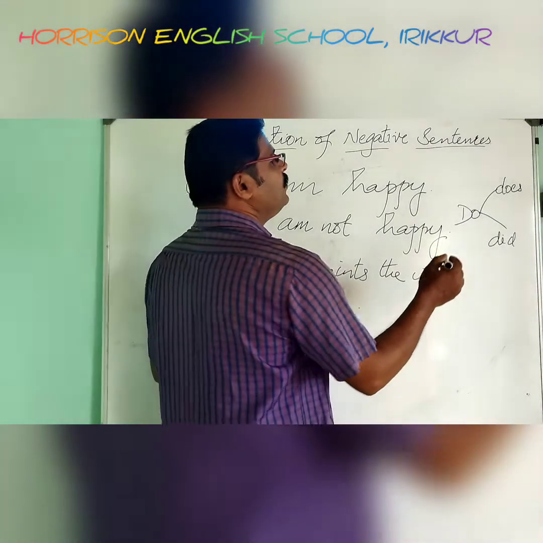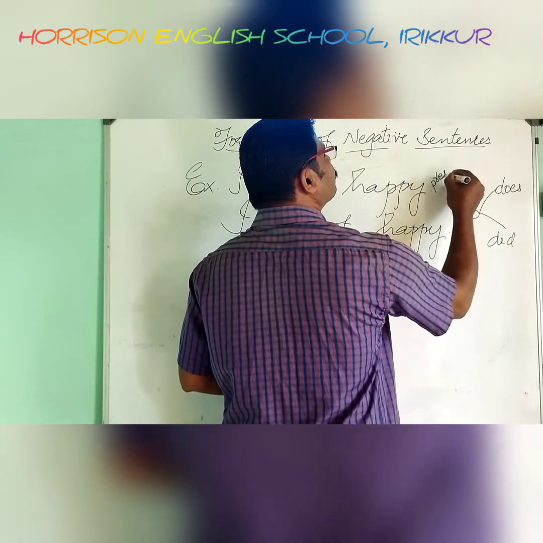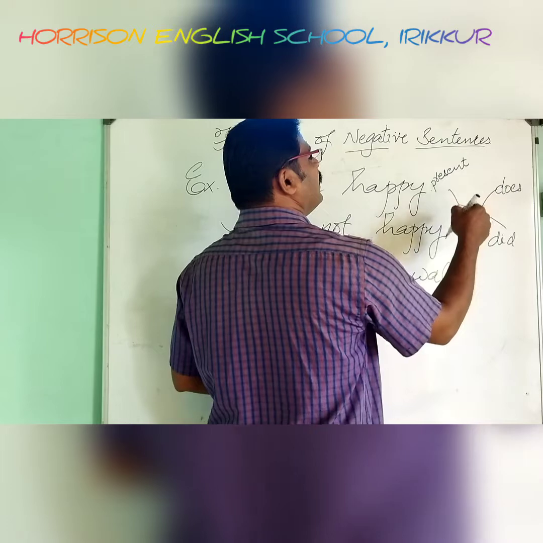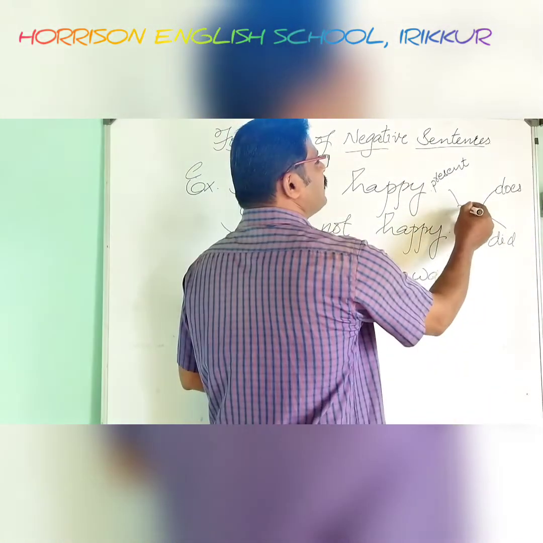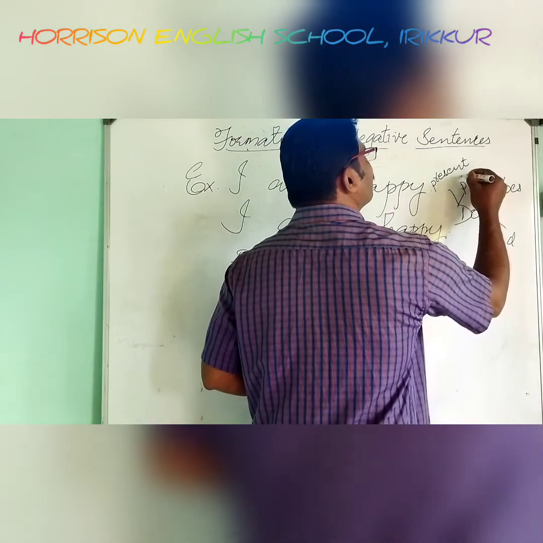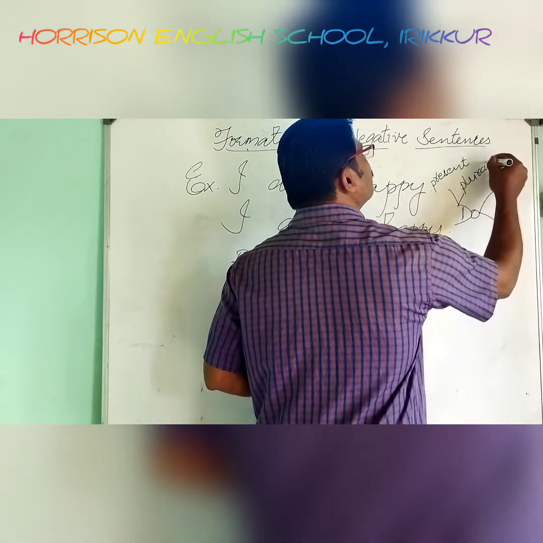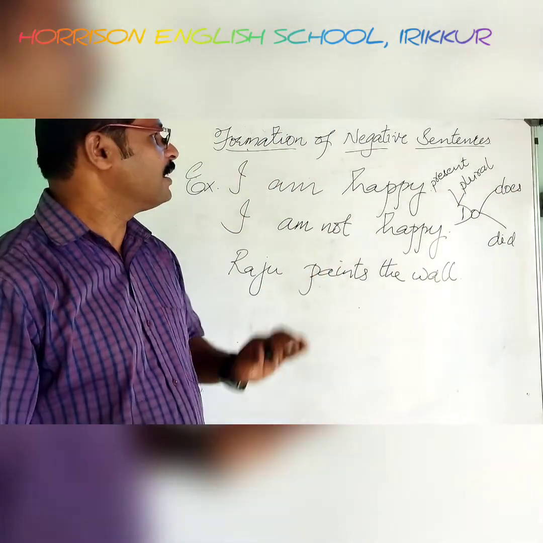See here, do, we know that it is present tense. And what's the number here, singular or plural? So, do is present plural. We know that it goes with plural subjects. So, do is present tense as well as plural.